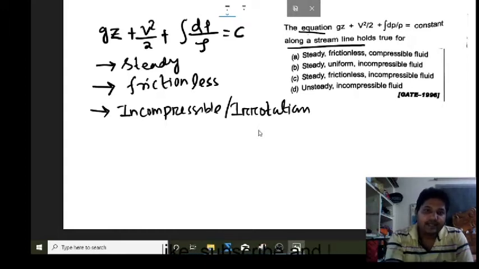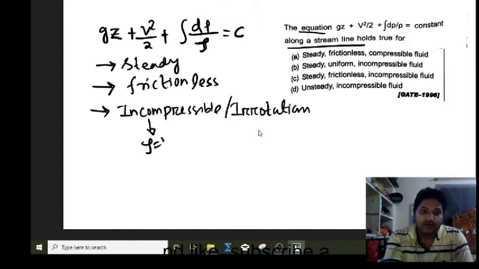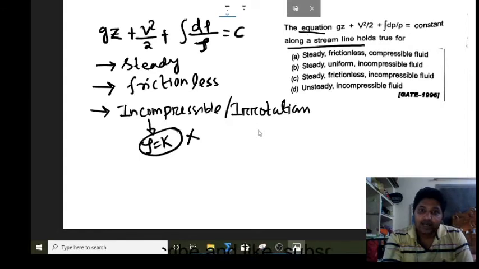But you see, the density is taken inside this integration, which means the density is also varying with respect to the pressure. Density is a function of pressure. So here it is not incompressible. Incompressible means density will be constant, but here density is not constant. So this is a compressible fluid.